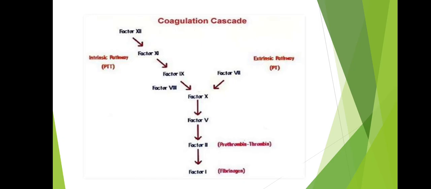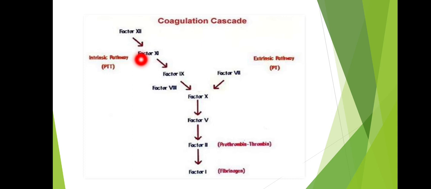So what happens is, in the intrinsic pathway, we have factor 12, which is called the Hageman factor. And in the extrinsic pathway we have thromboplastin.